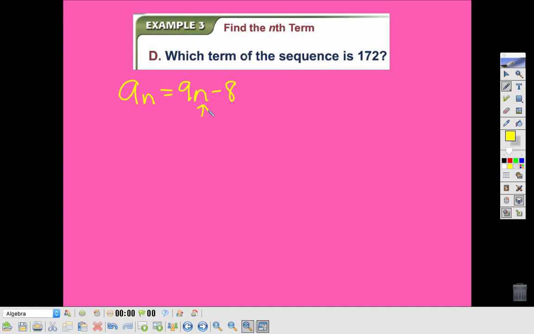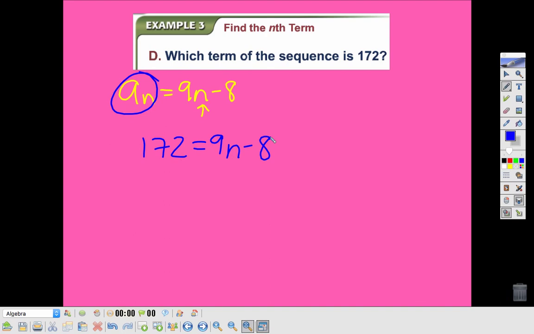No, it's wondering which term. So it's actually wondering n. We don't know n right now. It's wondering which term is equal to 172. So we actually know this part. We know the final answer is 172, but we don't know what term number it is.